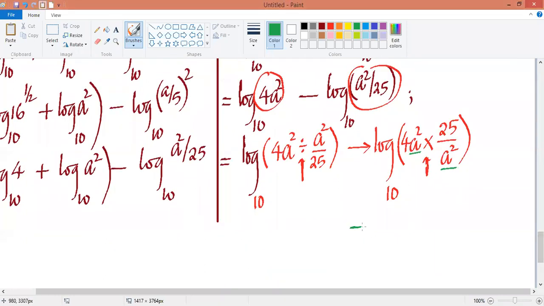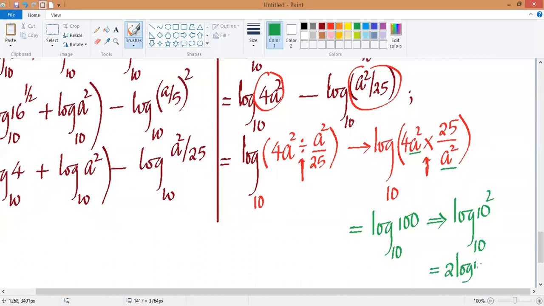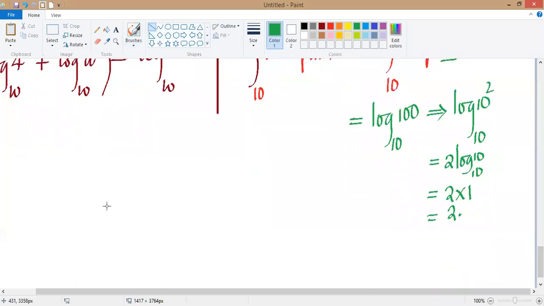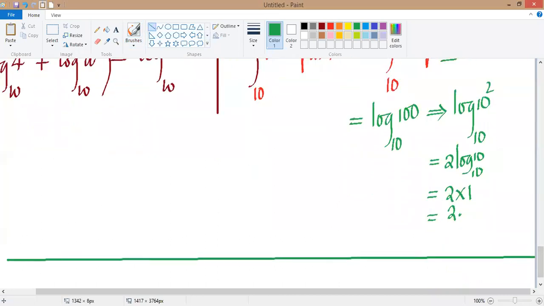So that logarithm becomes the log of 100 base 10, which is 10 squared, which is the same as 2 log 10 base 10, which is 2 times 1, which is 2. Are you okay, Sebo? Yes, sir. All right.